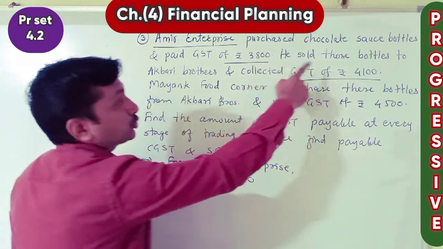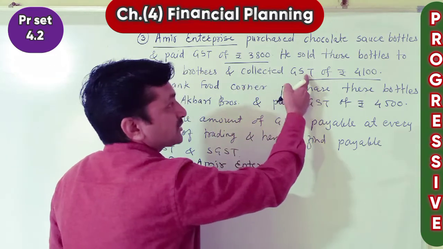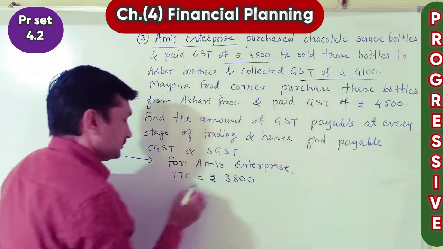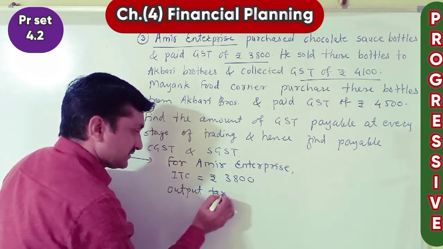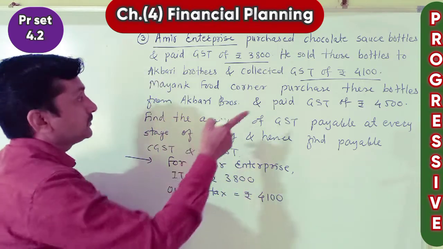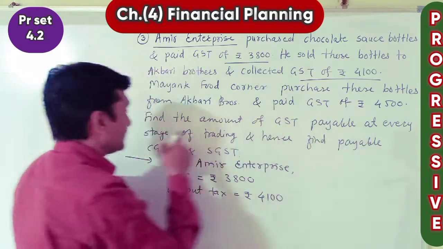Then he sold those bottles to Akbari Brothers and collected tax at the time of sale. This is output tax, equal to rupees 4100. We have to find the amount of GST payable at every stage.